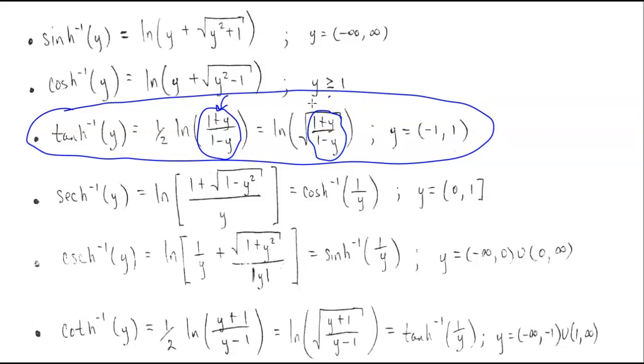Both of those expressions have to be greater than 0 in order for the inverse of tan hyperbolic to be defined. Okay, so here what I have to do is essentially solve this rational function inequality. Okay, and since I have everything in terms of x, I'm going to rewrite this with x's in it.